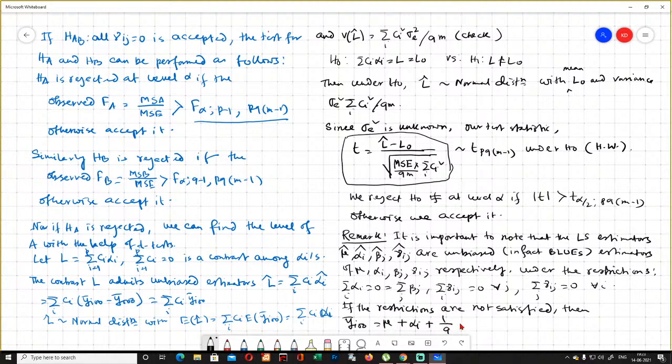Just go back to the normal equation and see that this is equal to this. Otherwise, just consider the model, and from this model you can get this too.